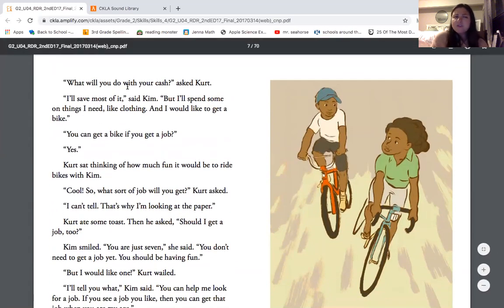"What will you do with your cash?" asked Kurt. "I'll save most of it," said Kim, "but I'll spend some on things I need, like clothing. And I would like to get a bike." "You can get a bike if you get a job?" "Yes." Kurt sat thinking of how much fun it would be to ride bikes with Kim. "Cool!